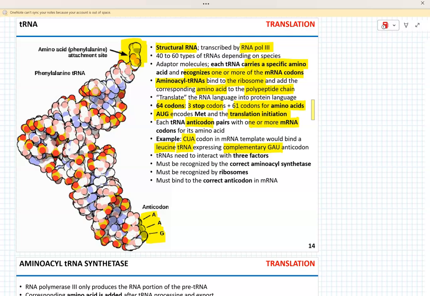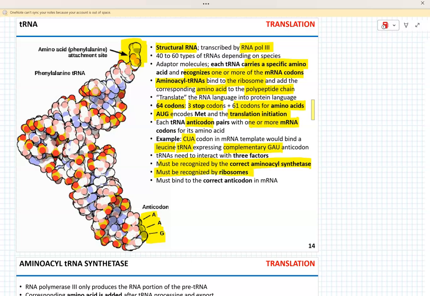So at the end of the day, we can say that tRNA has to interact with 3 factors to become functional. First, it must be recognized by the correct enzyme, aminoacyl synthetase, which will place an amino acid onto the tRNA amino acid attachment site.